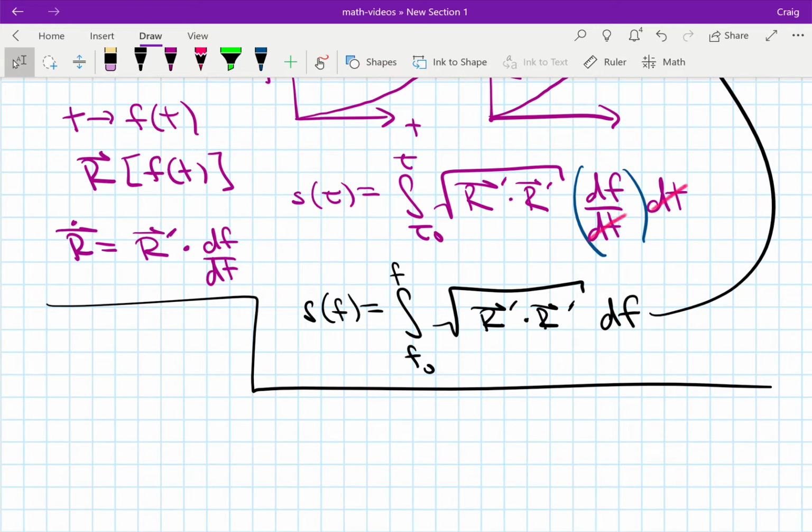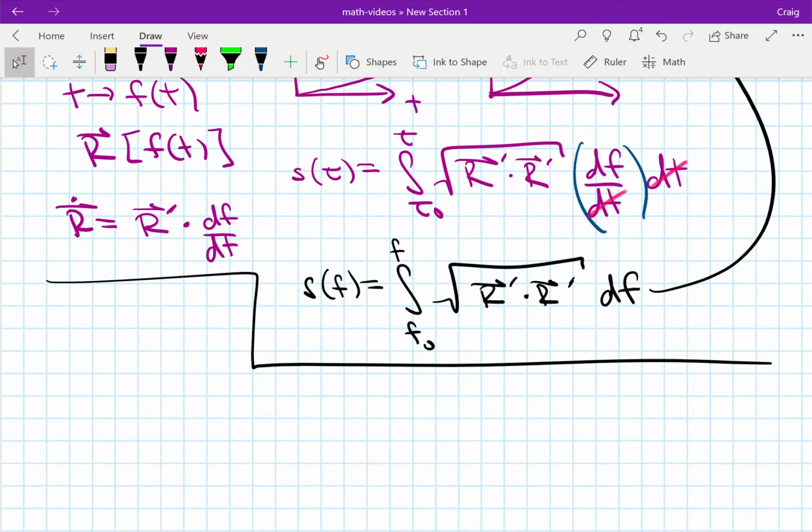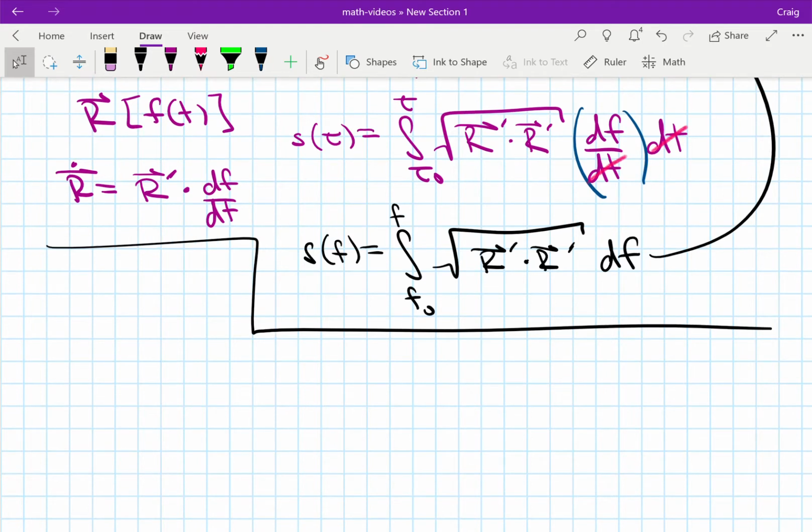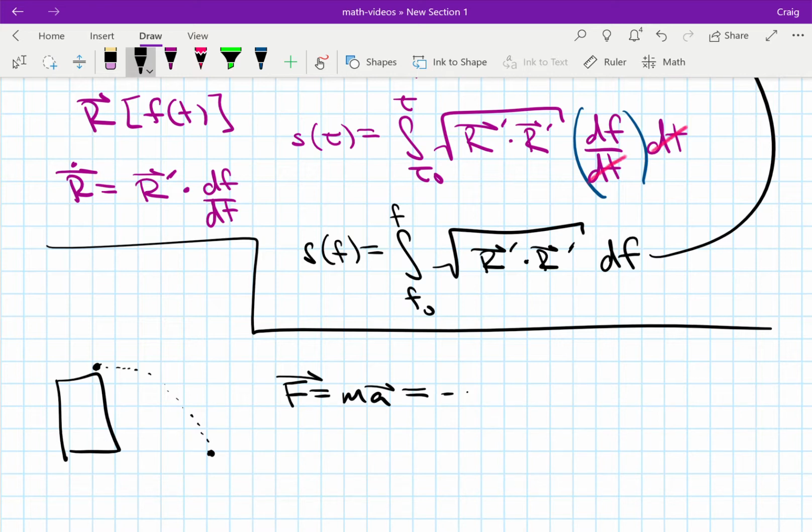Okay, so let me give a quick physical example. This is not in the textbook, but I think it gives some insight. Let's suppose that I have a projectile that I launch from the roof of a building. Okay, and we know from high school physics that this projectile will follow a parabola. So Newton's second law tells us that F is equal to ma, but F is equal to minus mg in the j hat direction.